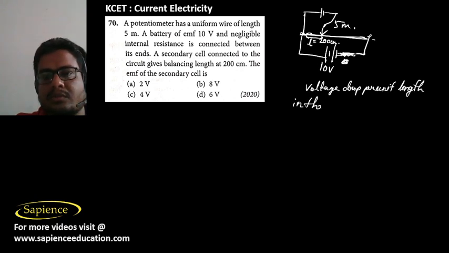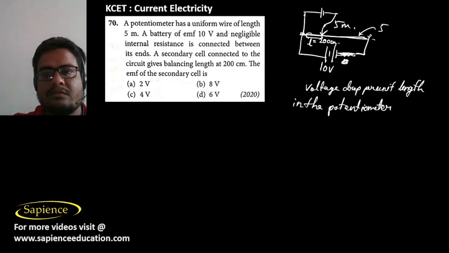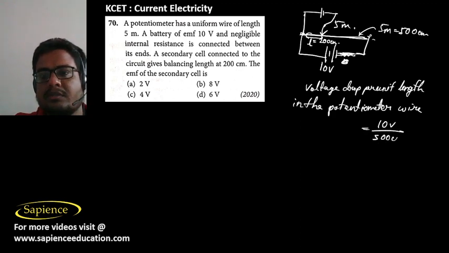The potentiometer wire is having 5 meter length, so that is 500 centimeter length. So voltage drop per unit length in the potentiometer wire is equal to 10 volt divided by 500 centimeter, that is equal to 1 by 50 volt per centimeter.